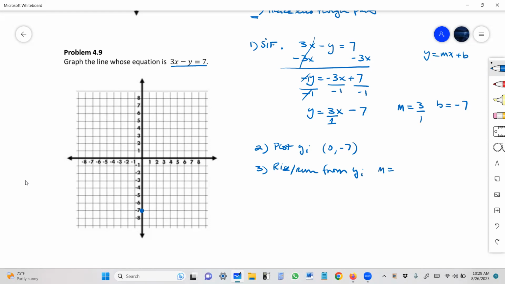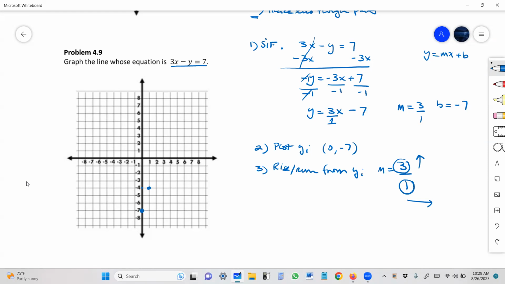Here's my slope. Numerator is positive, so I'm going to go up from the y-intercept 3 units. So from the -7, I end up at -4. And then the run is always to the right. I go 1 unit. So here are my 2 points.